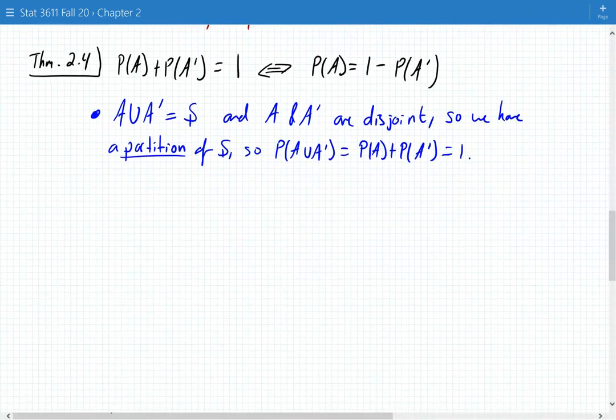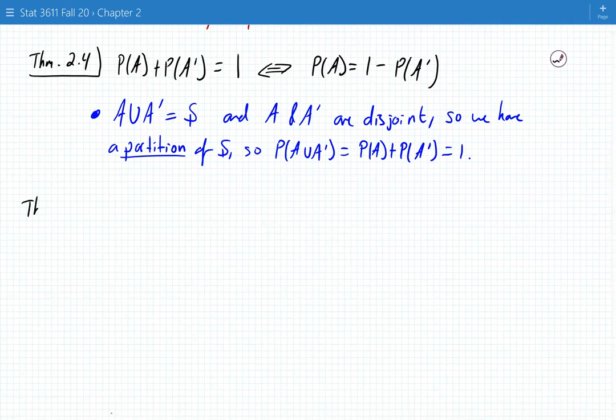All right. Good. Now that we have that, let's get back to where we left off talking about theorem 2.8. What do you do when you have the union of multiple events and they are not necessarily mutually exclusive? You can treat this in a very similar fashion as you could in 2 events, but you just got to be careful to keep track of anything that you're double counting.